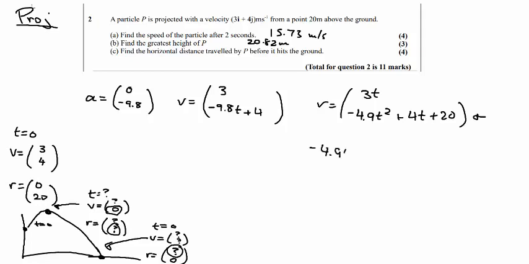So minus 4.9T squared plus 4T plus 20 equals 0. Calculate. And remember, you've got to put both the T's, even though it's obviously not going to be the negative one.